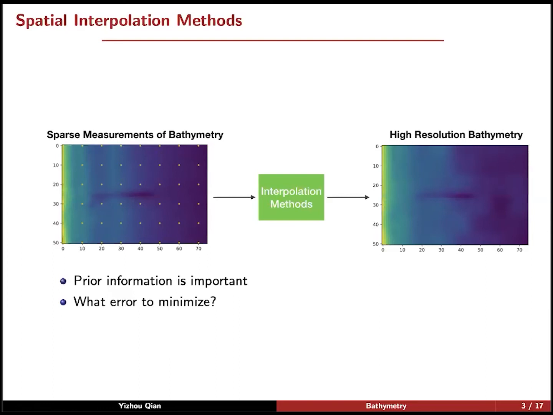So basically we may assume our data has some kind of Gaussian distribution with certain variations, etc. And the second one, the error to minimize, essentially determines the type of solutions that we eventually want to have. So different types of error eventually will give us different solutions with different properties that we may want to have in the end.